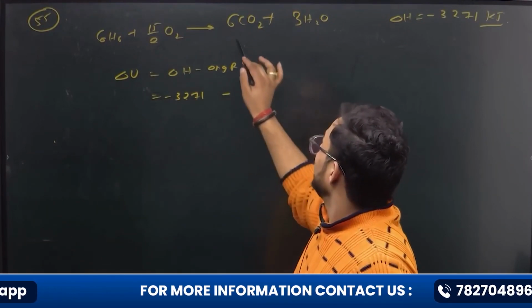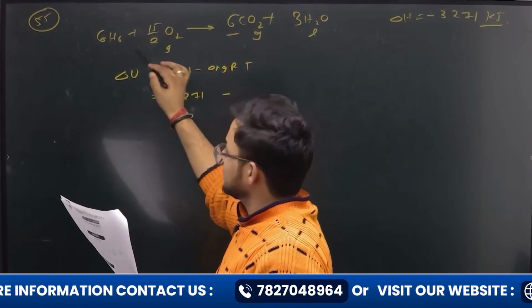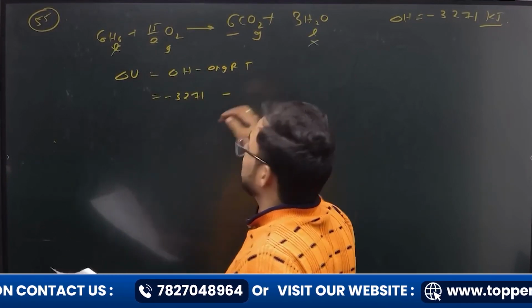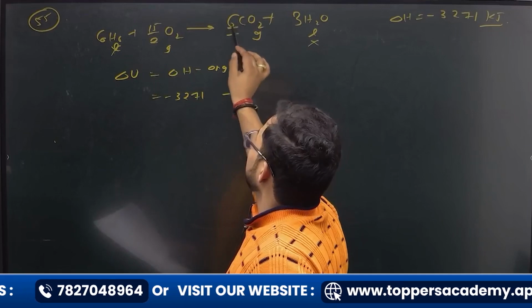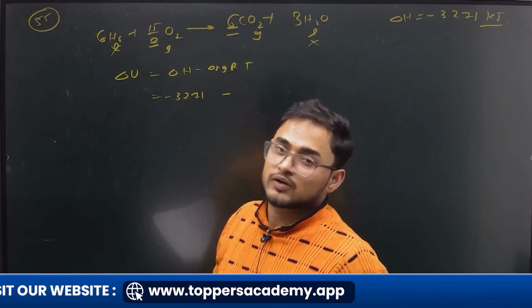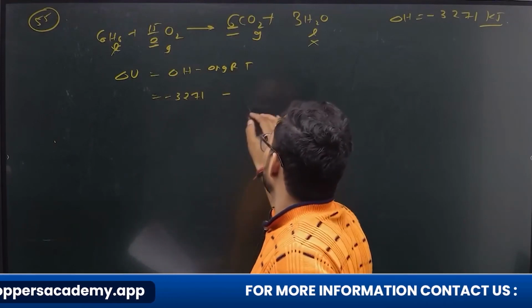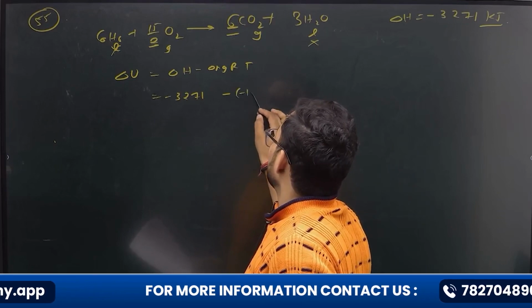It is 6 gas on the product side, and the water is liquid; you will not consider moles of liquids. There are 6 moles of gas in the products, and on the reactant side 15 by 2, that means 7.5. So 6 minus 7.5 is minus 1.5 mole.